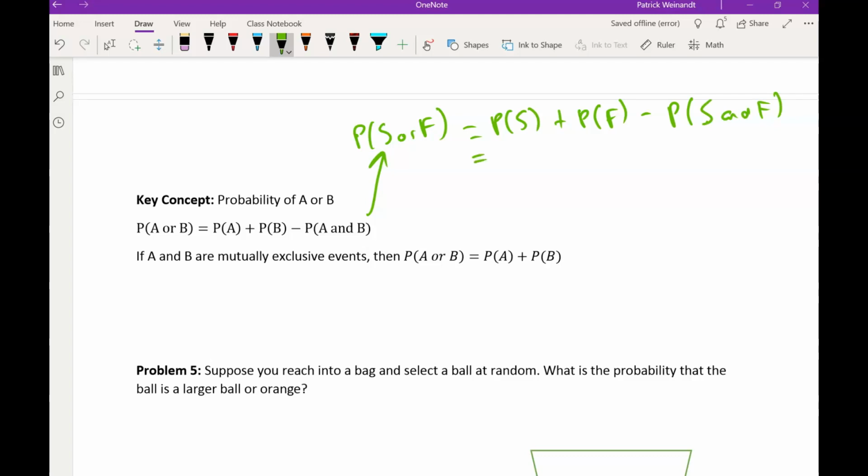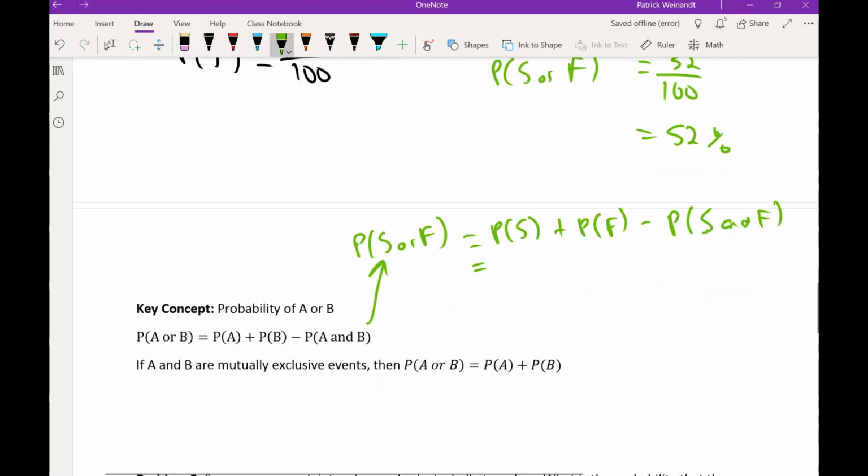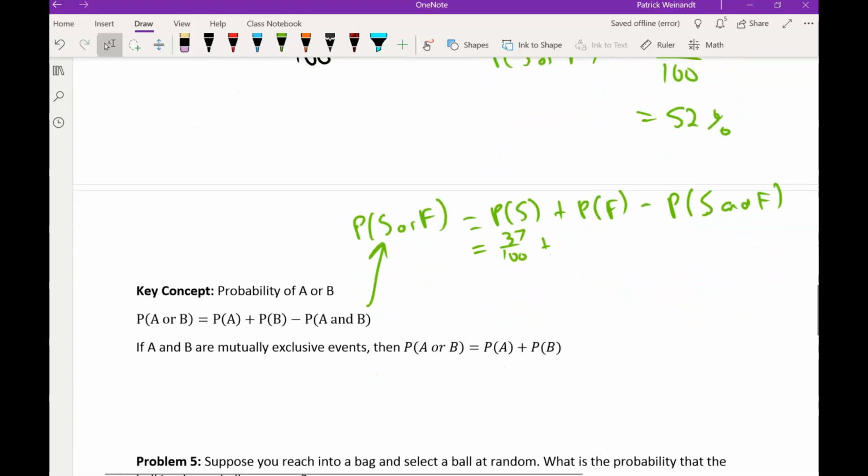And let's think about this. Well, what's the probability of Spanish? We know that that was 37%, or 37 over 100, plus the probability of French was 15 over 100. What's the probability of a kid being in Spanish and French?